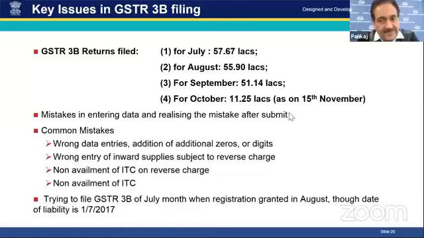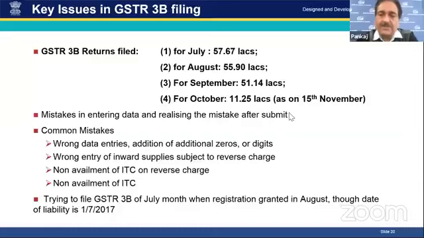So I would like to emphasize that in the first return itself, which you are filing after issuance of GST registration, GST ID, please incorporate all the details of taxable supplies made by you, even if it pertains to the prior period.